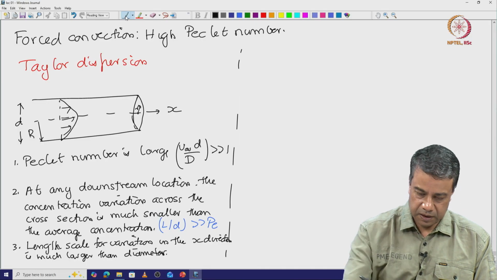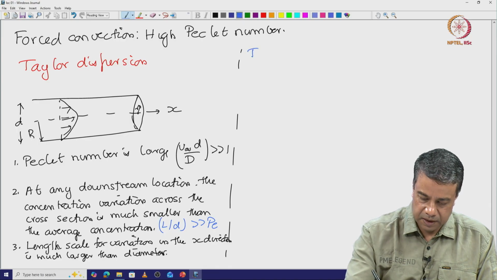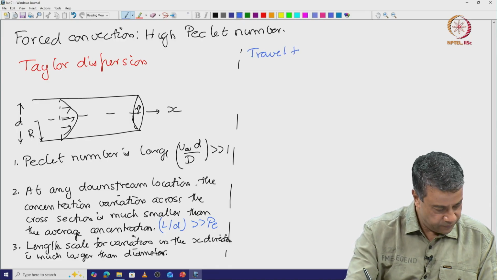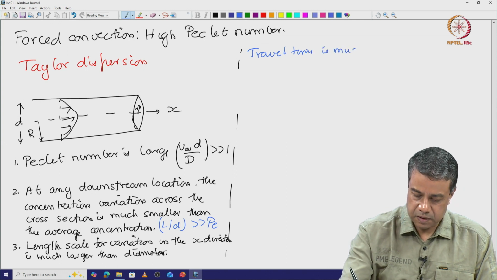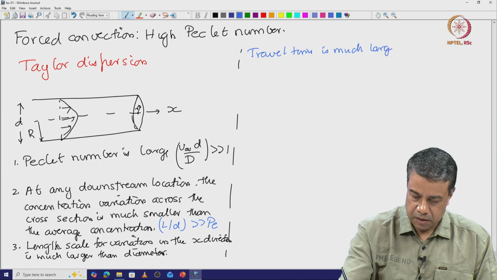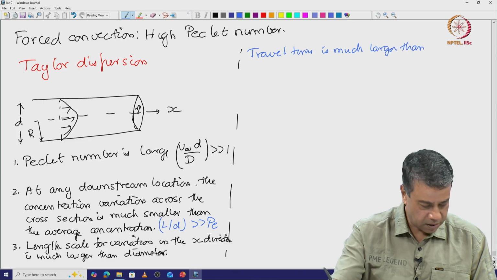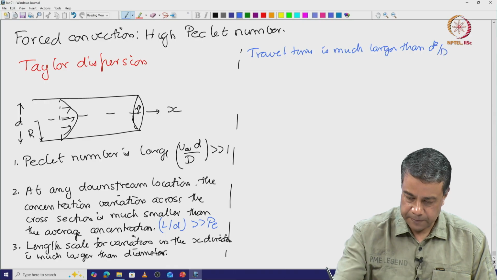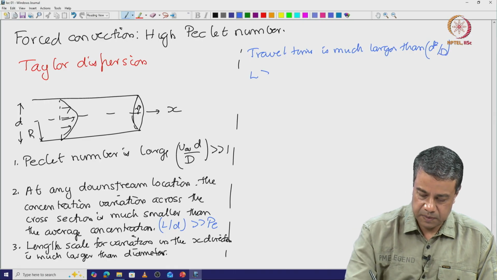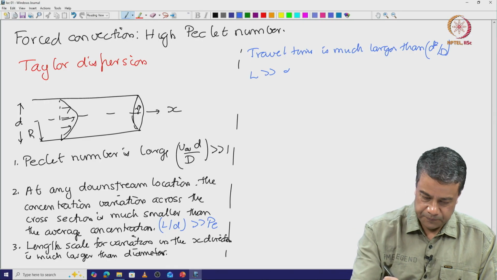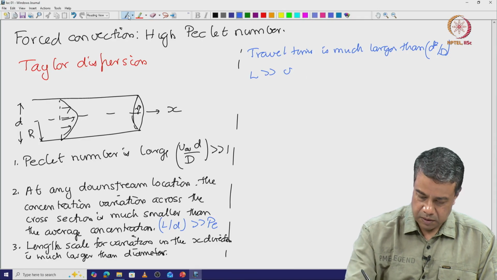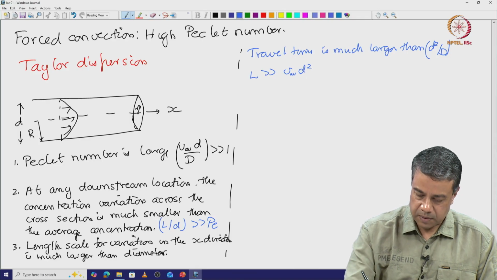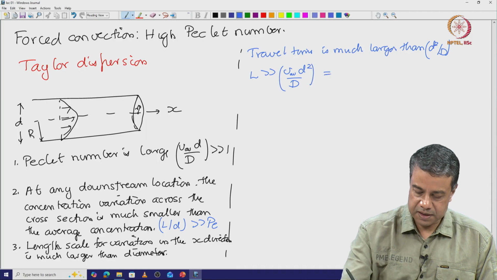And since we just showed that the travel time is much larger than d square by D, therefore, length is much larger than V average d square by D, and we get the same condition.